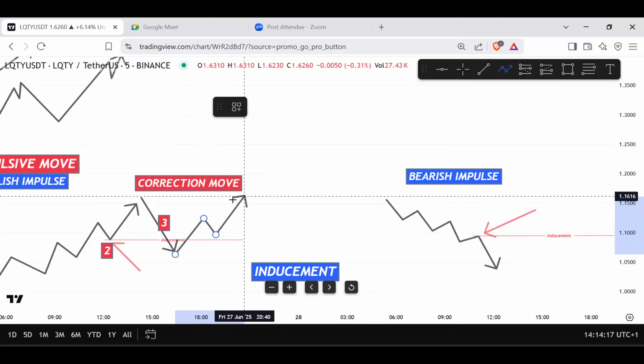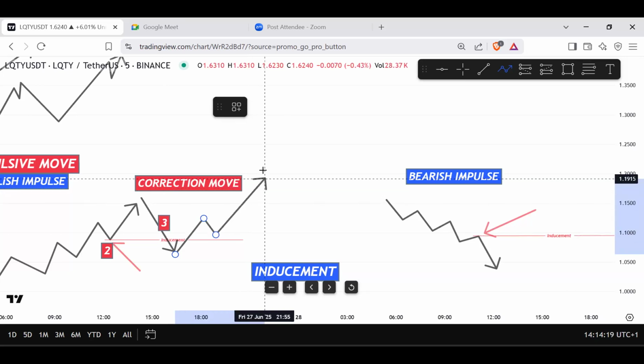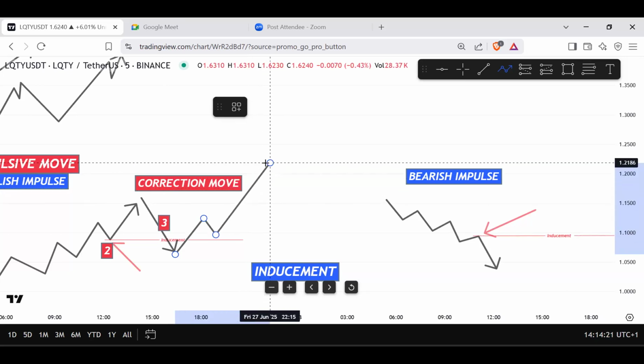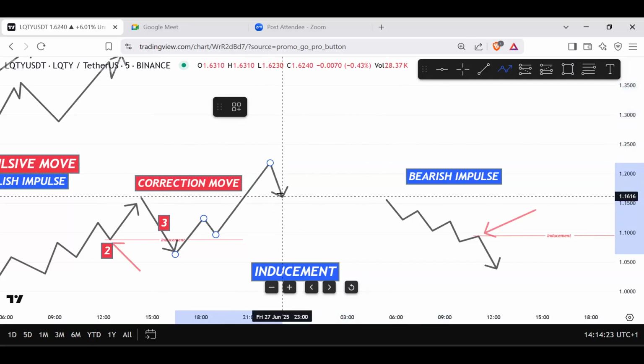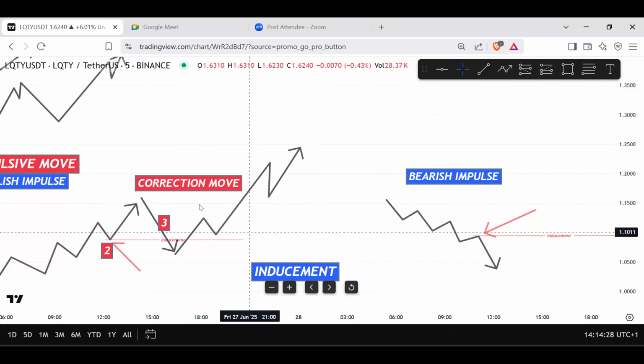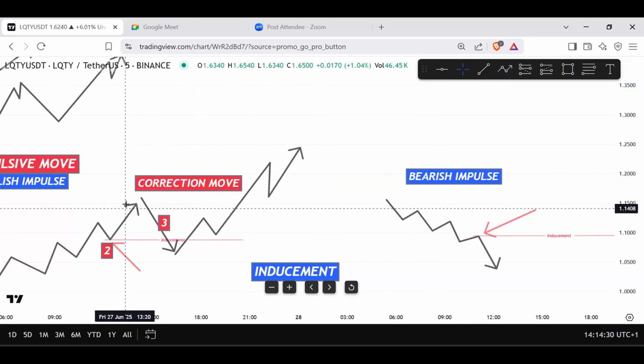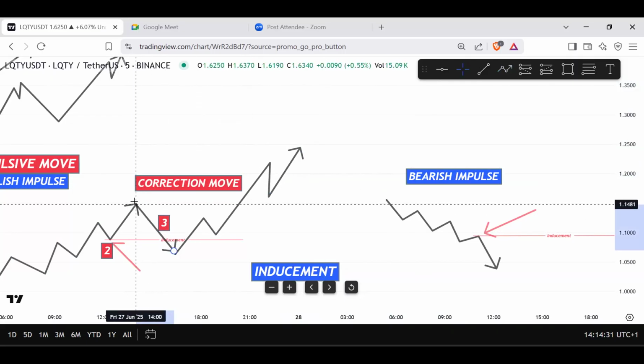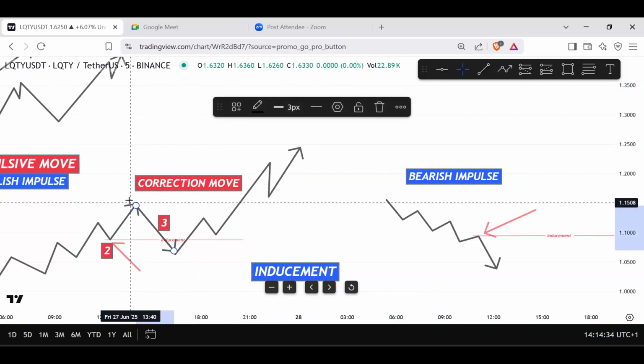So the number four thing to look for is what we call the continuation move. After this correction, we have another move that breaks higher than the first impulsive move. You can see that the first impulsive move ended here.